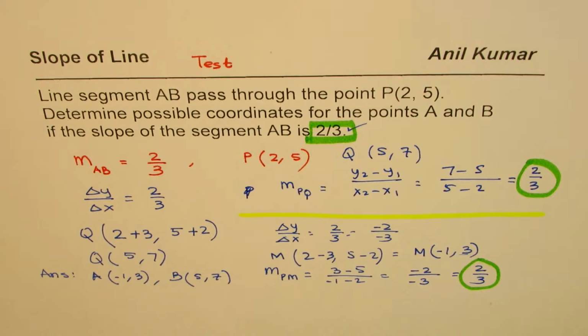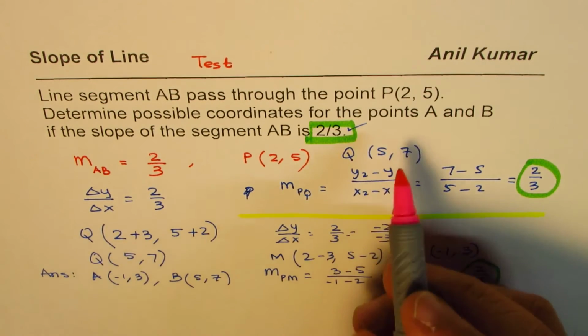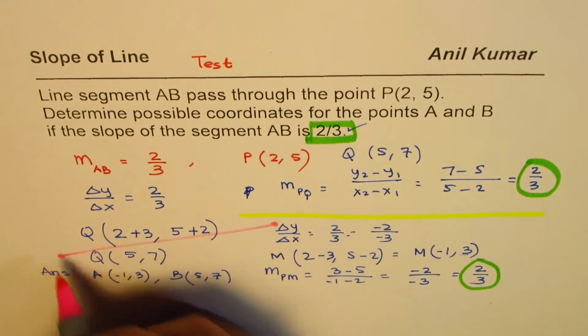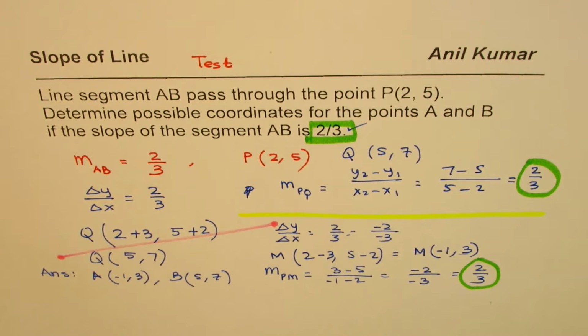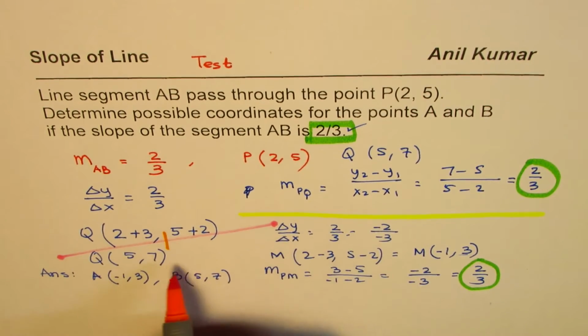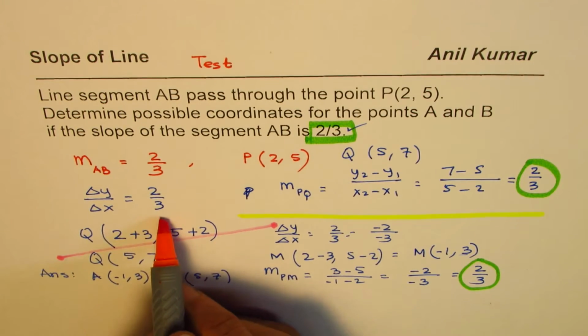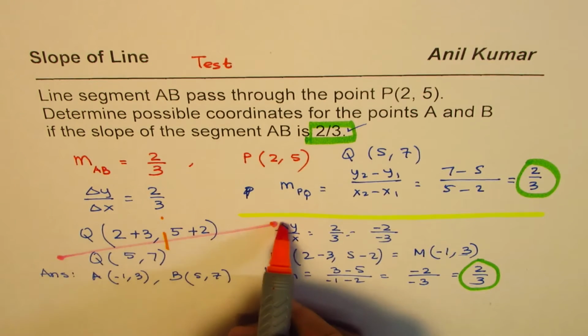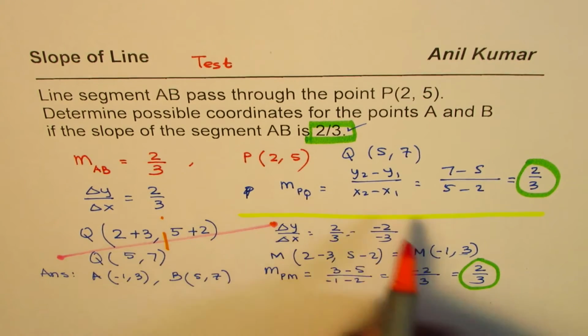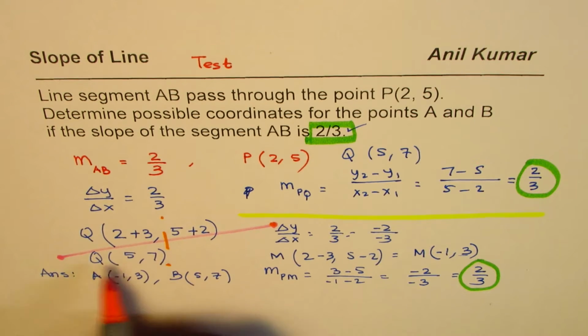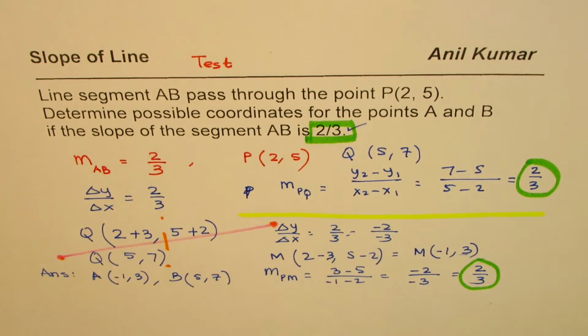So what we have here is a situation where the line has a slope of 2 over 3, kind of like this. Is it okay? And we knew that P is right there in the center. We went up 2 units and 3 to the right to get to point B. And in the second case, we went down 2 units and 3 left to get point A, correct?